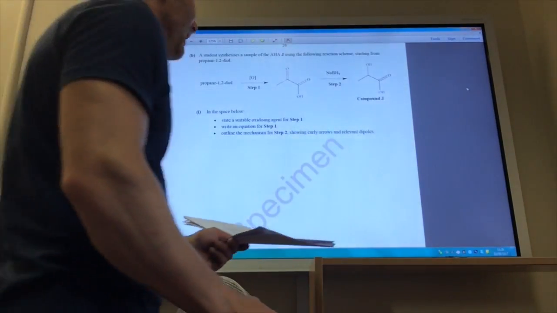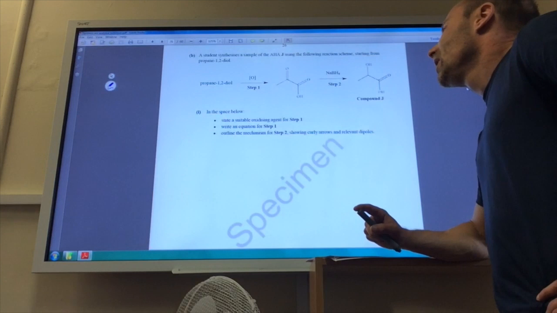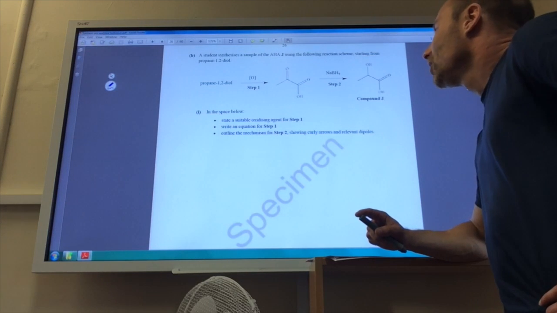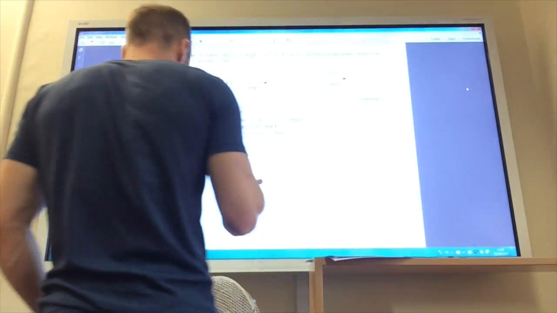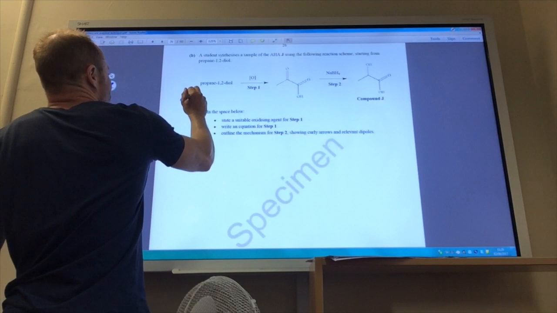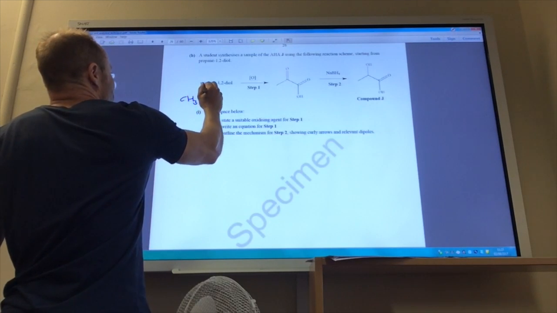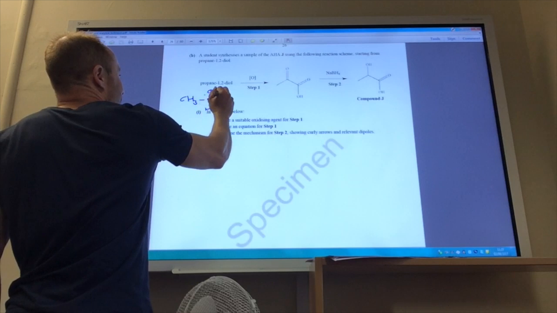Right, joy of joy, it is now another synthetic route. So I have got to go through step 1, step 2, and state a suitable oxidising agent for step 1. This is quite easy, but let's draw up propane 1,2-diol. Propane 1,2-diol is going to look like this.